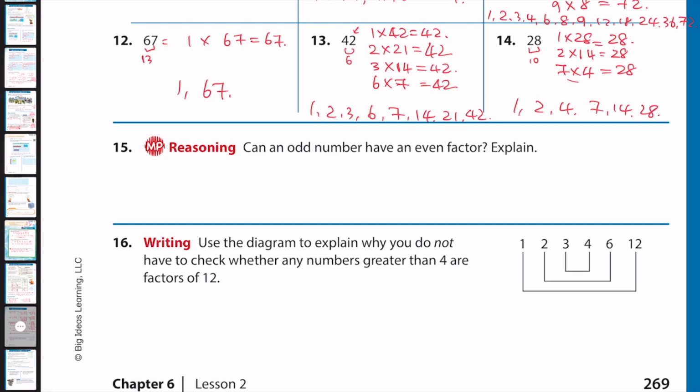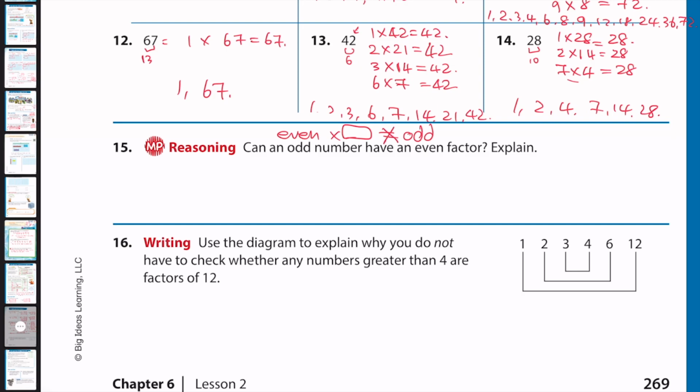Okay. Can an odd number have an even factor? Opposite, sorry. Can any even number multiplied by an unknown number be odd? No, it can't be.